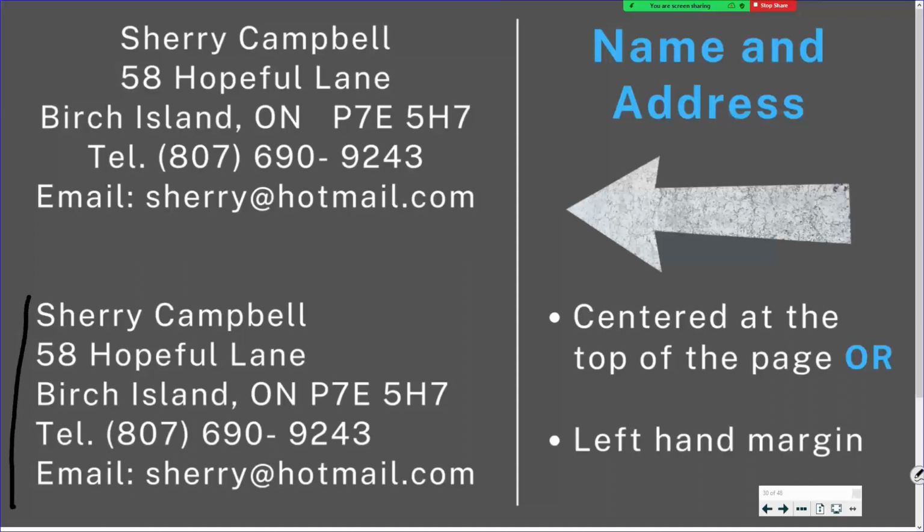Left-hand justification is when you can draw a straight line, and all of the letters are pushed against that left-hand side, whereas the top one, the words are centered. So pick one or the other: center top or left top. That's your name and your address.